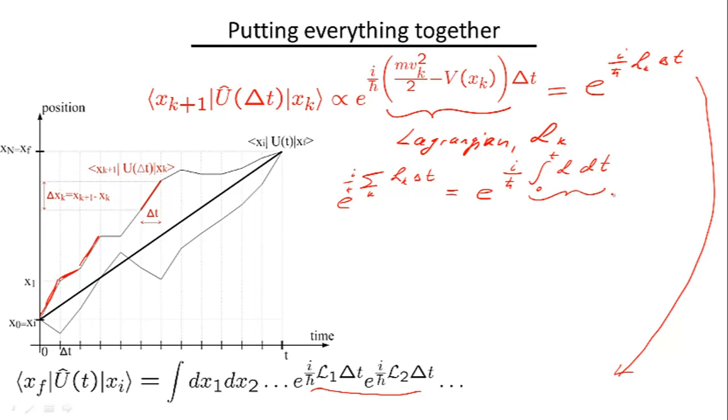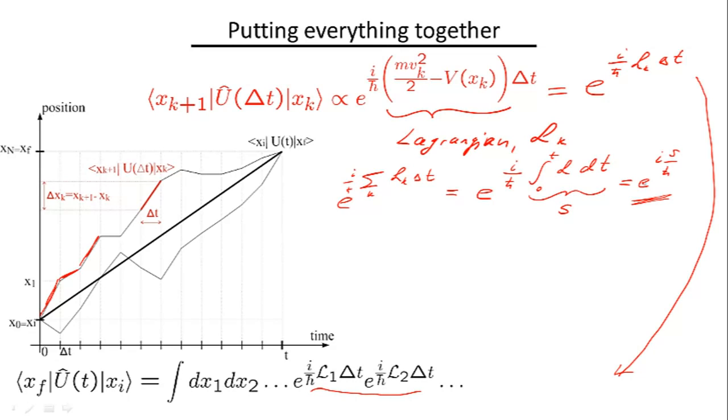The integral of the Lagrangian over time is known as the classical action. So what we got is essentially the main result, that the propagator can be written as an integral over all possible trajectories, all possible intermediate coordinates, weighted with this exponential of the classical action. This is the result that we advertised in the very beginning.